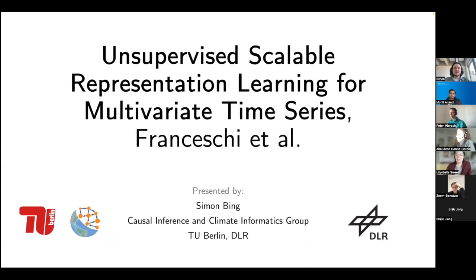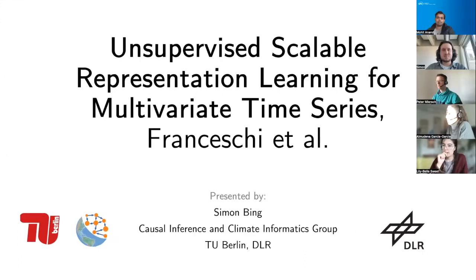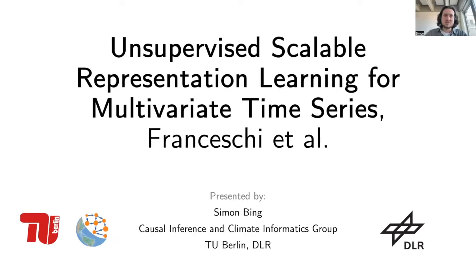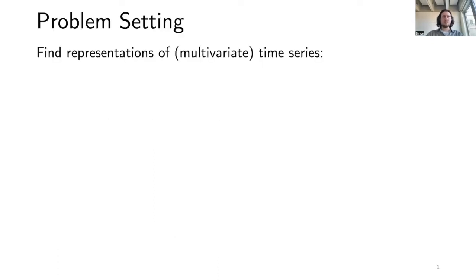As the title already suggests, it's a paper about representation learning for time series and their specific approach to this task. So I'll get started with just the general problem setting that's handled here, where the case that they look at in this paper is taking multivariate time series where different dimensions might have varying lengths even in time, and then finding representations of these time series without using any label information.